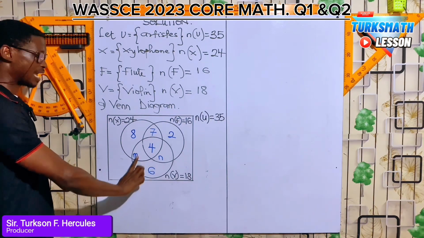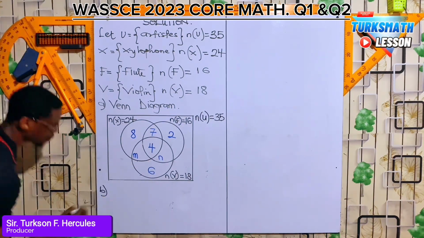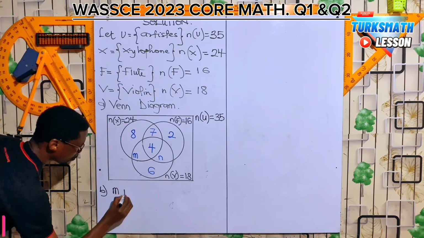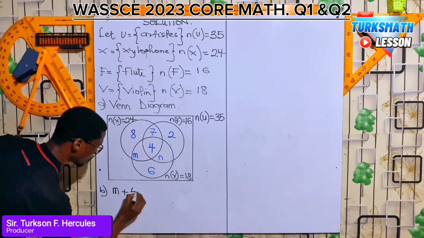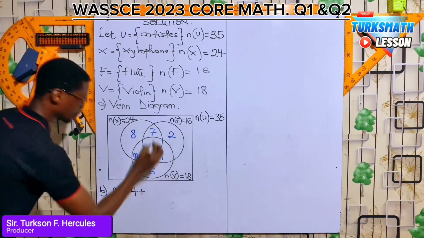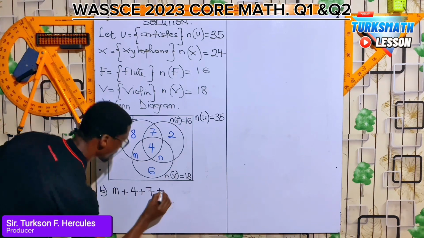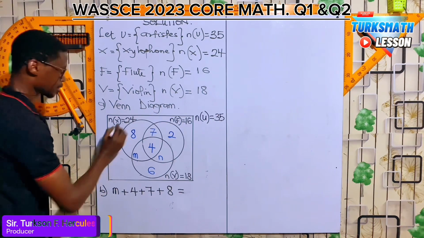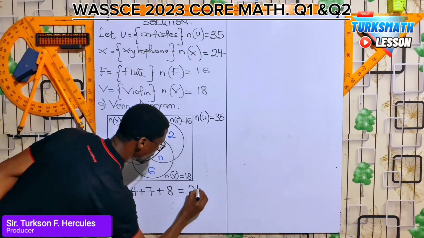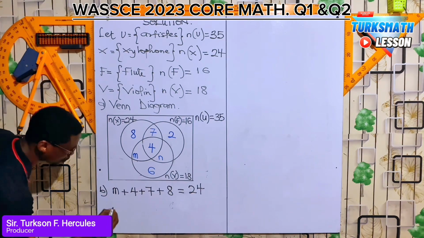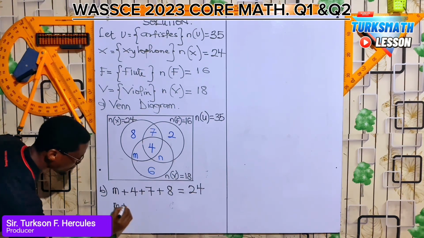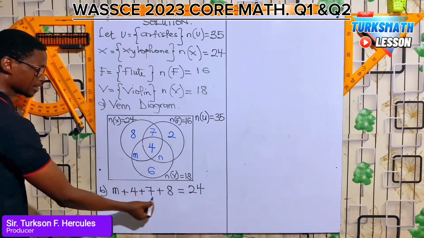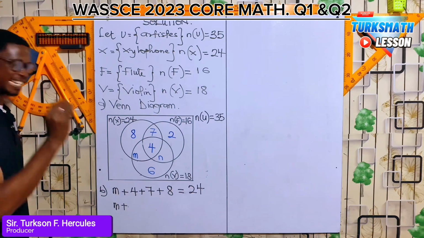So let's work for M and N. Equals xylophone. Four plus 7, 11 plus 8 will give us 19.